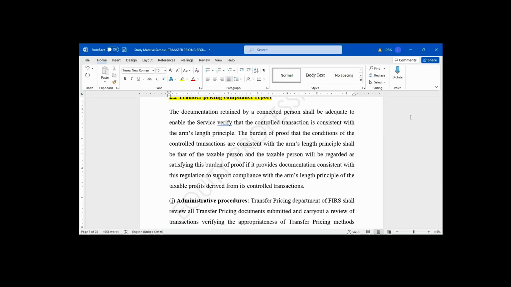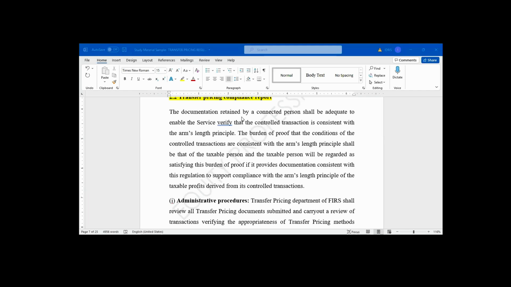Every year, as a company, you need to be giving a transfer pricing compliance report. That means in the transfer pricing compliance report, you are stating that the transfer pricing transactions that you dealt with within that year comply with the arm's length principle. That means it's not underpriced or overpriced.